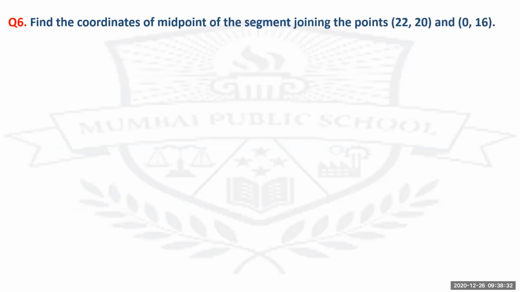Find the coordinates of the midpoint of the segment joining the points (22, 20) and (0, 16). The easiest question, midpoint formula. You have to just add the values of x and divide by 2. So let the given points A be (22, 20) and B (0, 16).